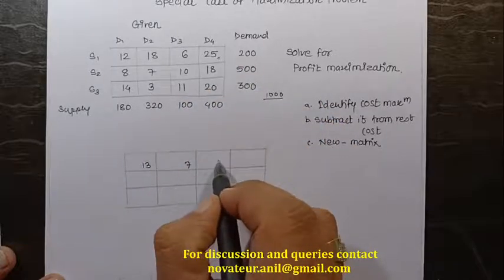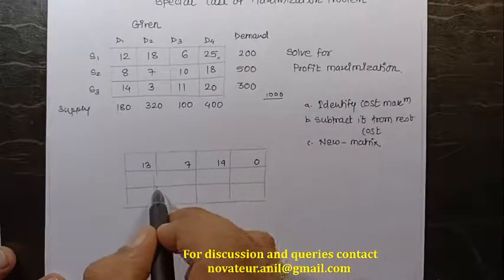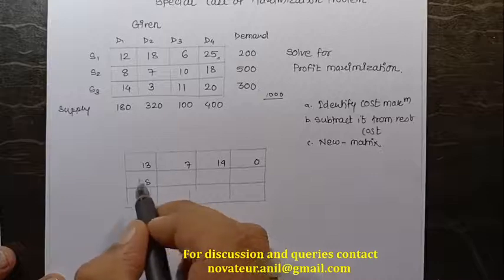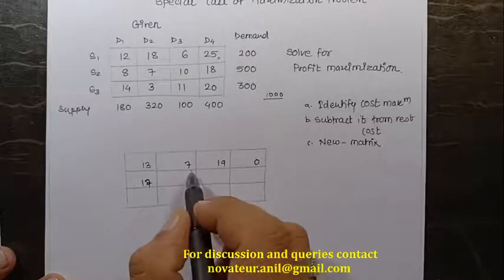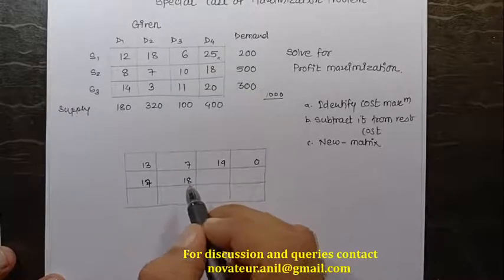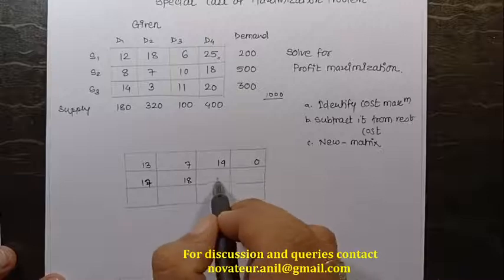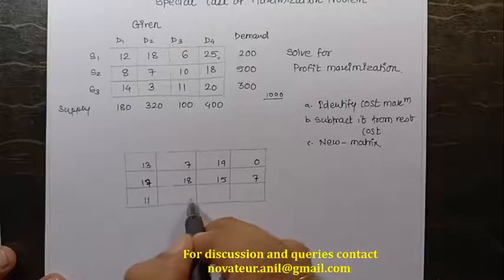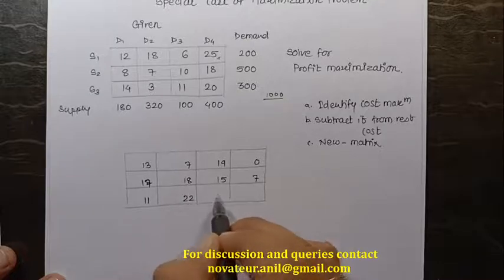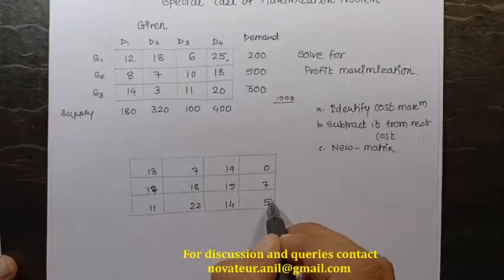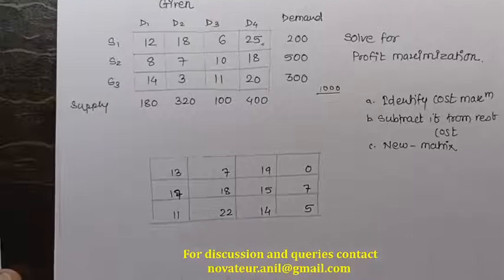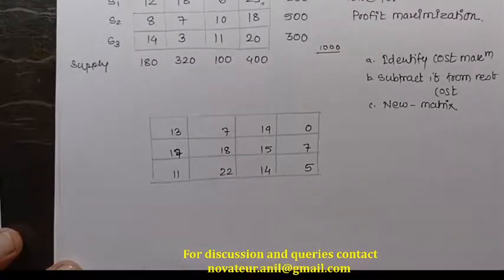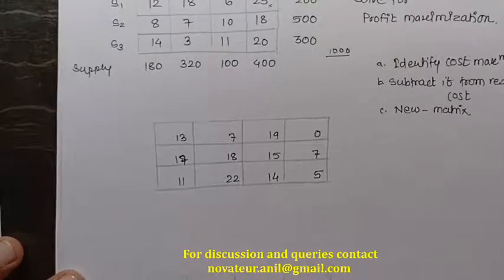Similarly, I subtract all the elements, so what I'll get is this new matrix. This is 18, sorry, this is 17 and 18, and 15, 7, 11, 22, 14 and 5. So this is my new matrix, which I have obtained by subtracting the highest element from the rest of the elements present in the matrix.